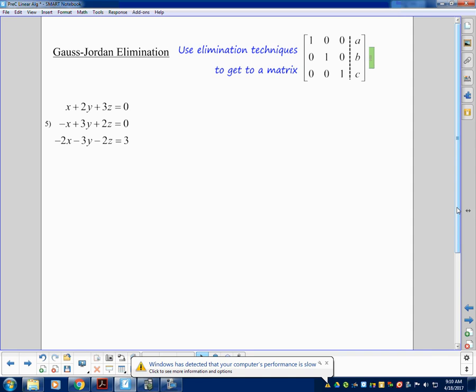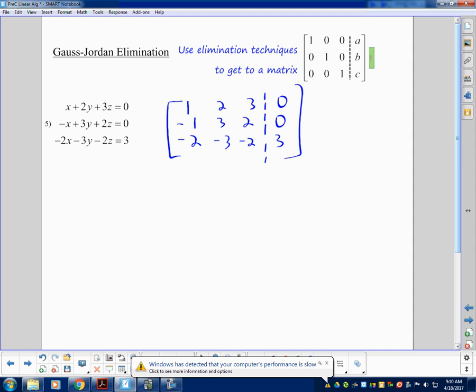Okay. So here I have this system of 3 equations and 3 unknowns. I'm going to write this in an augmented matrix form. So this would be an augmented matrix form: 1, 2, 3, dashed line 0, -1, 3, 2, 0, and then -2, -3, -2, and 3. So here's what my goal is on this.